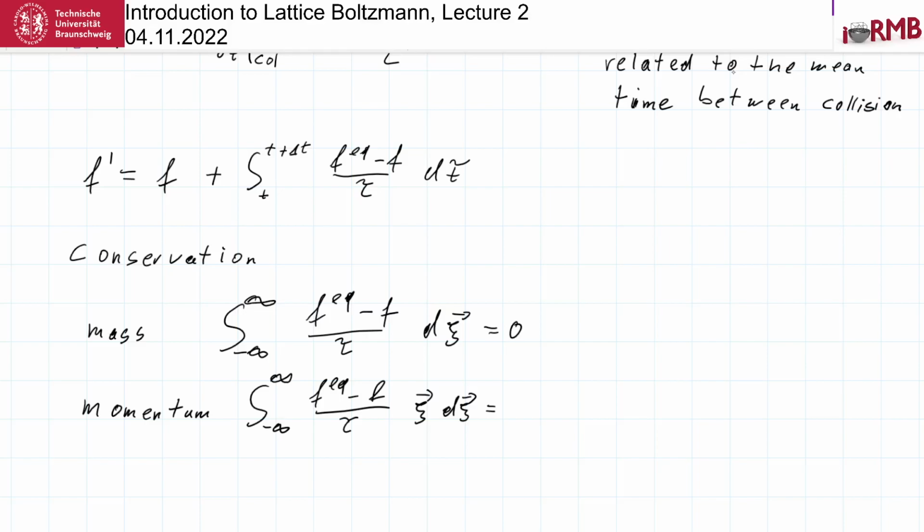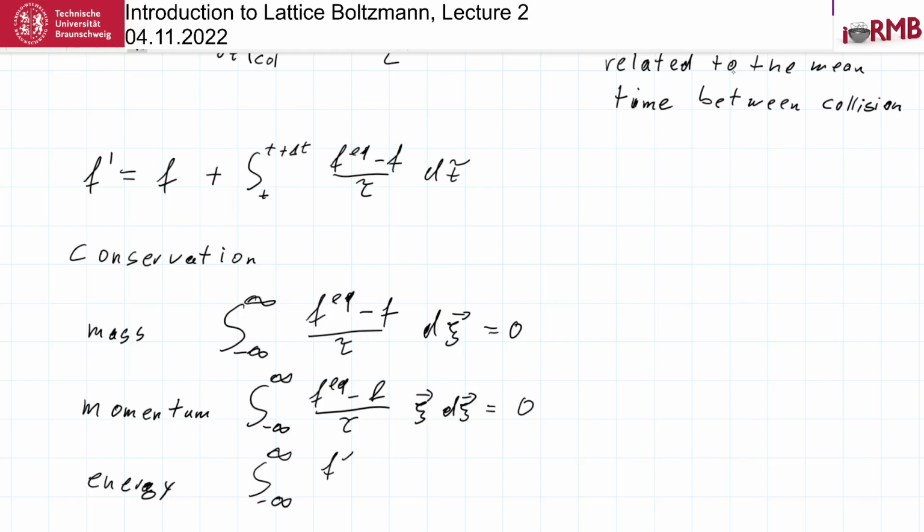So this, of course, has three components. You integrate over xi1, xi, upsilon, and theta, as we introduced, and all of them are 0, because the equilibrium function has the same momentum as the incoming. And the same would be true for energy.